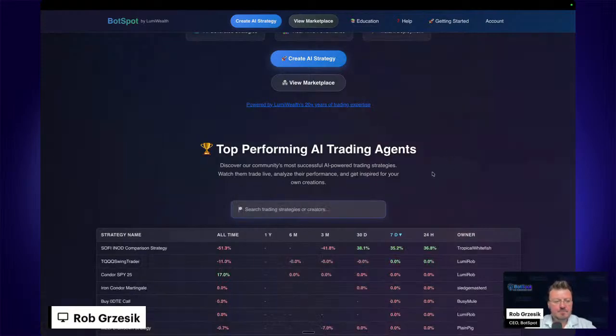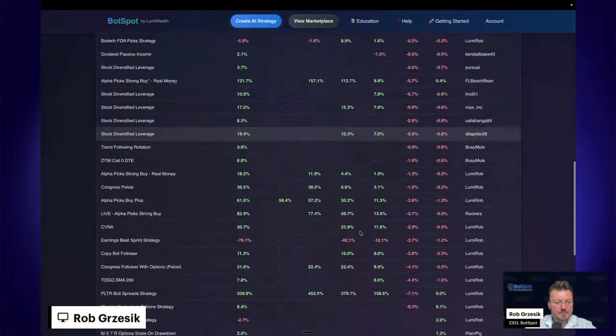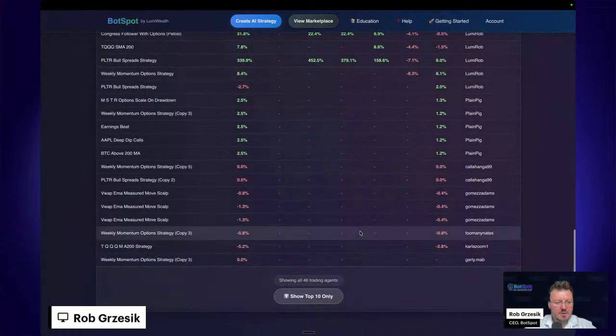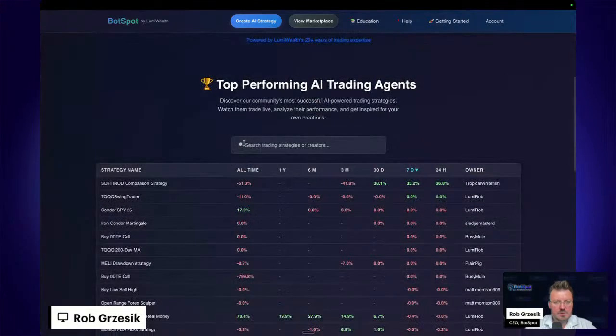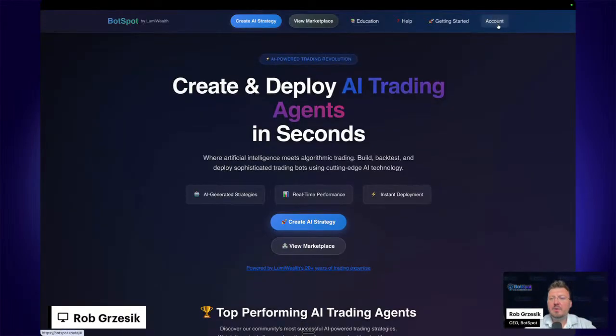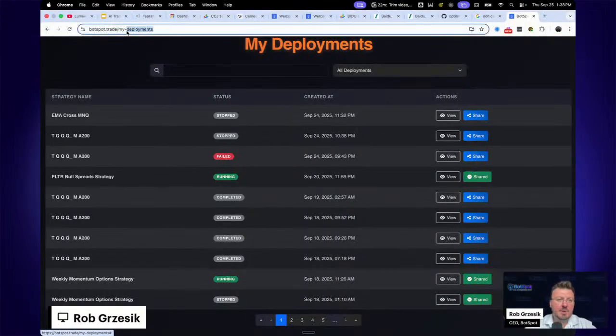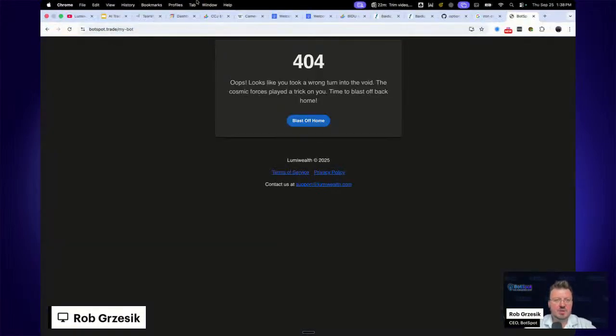I don't remember which one it is now. If we look here, Condor, it doesn't seem to be running right now. And then if I go to, there's my bots. We got rid of this page for others, but we can still access it this way.